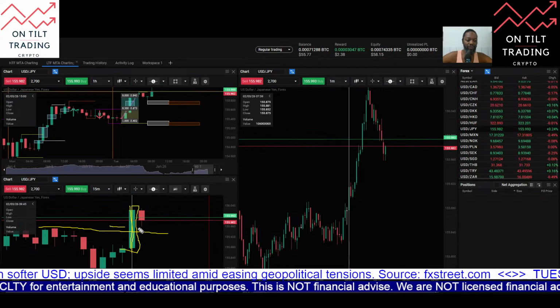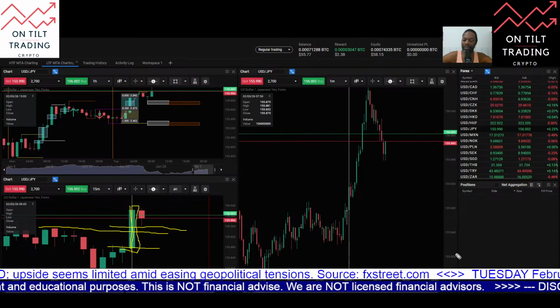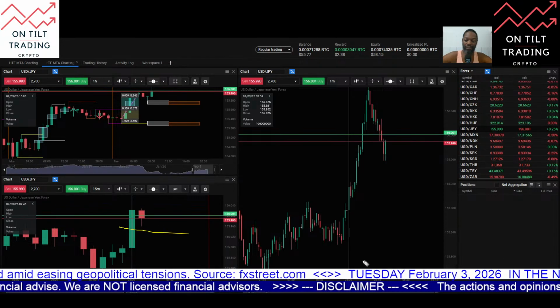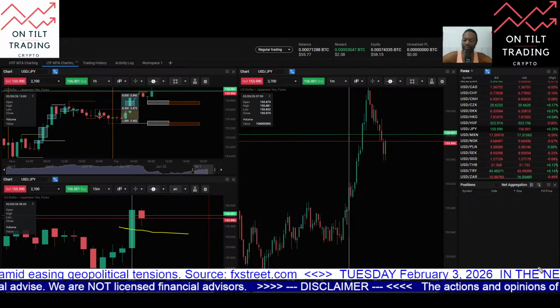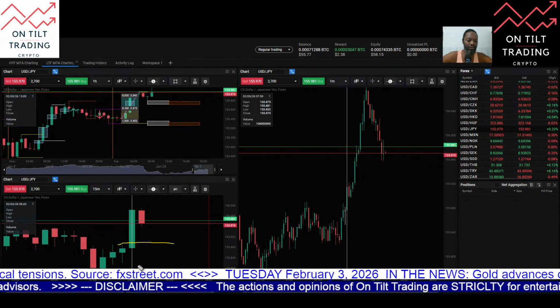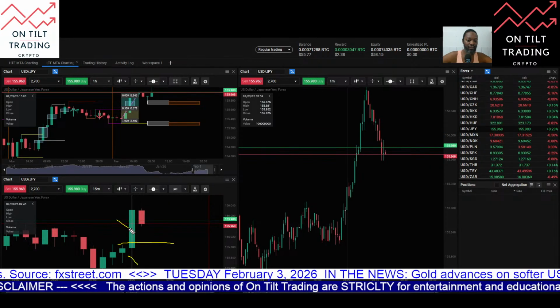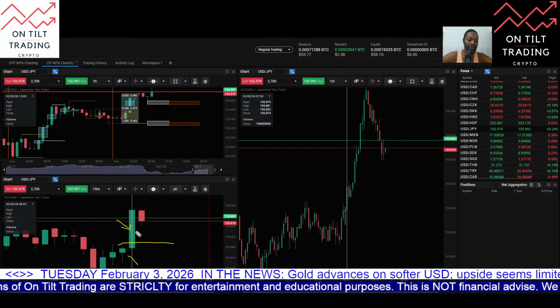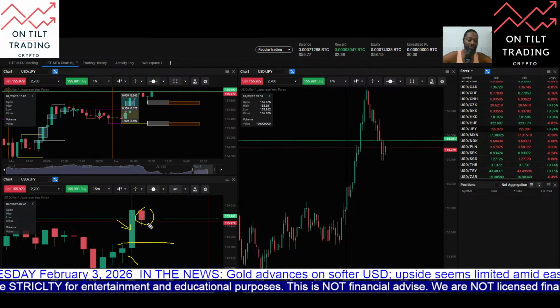So now all I would need to see is a fair value gap form, which there is room for one to form here. So from the high of this candle, which would be candle 1, this would be candle 2, the actual fair value gap candle or the imbalance candle, and then this being candle 3.